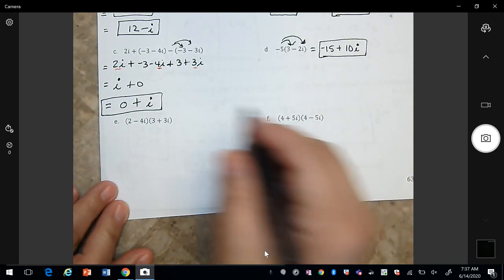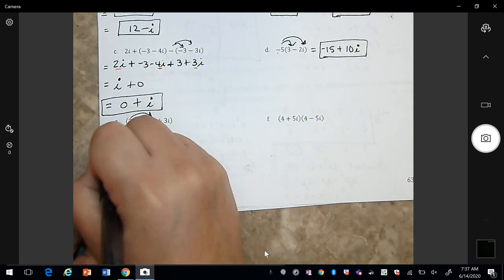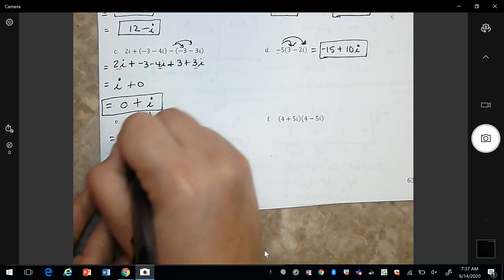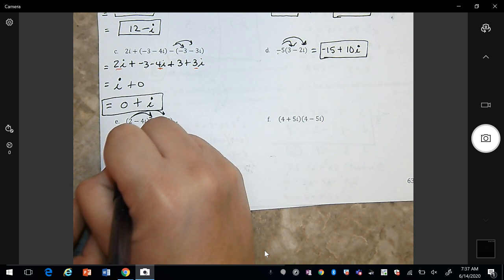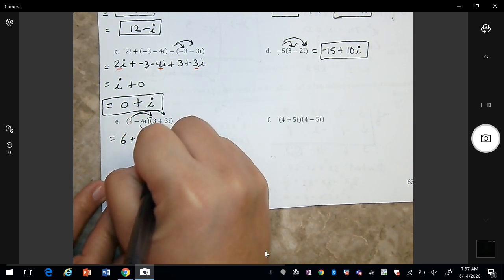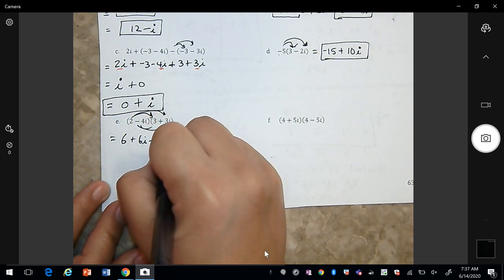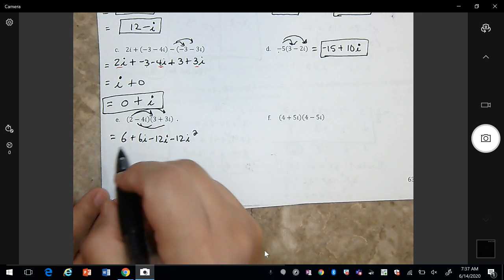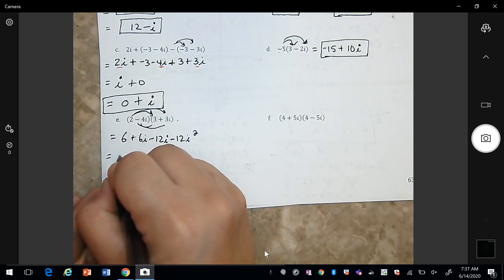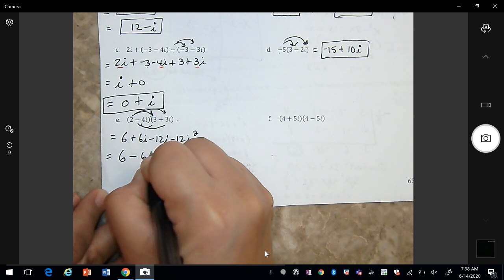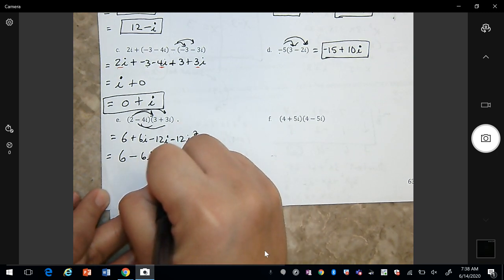Letter E, we have 2 times 3 is 6. 2 times 3i is 6i minus 12i squared. So we have 6i minus 12i is -6i, minus 12.